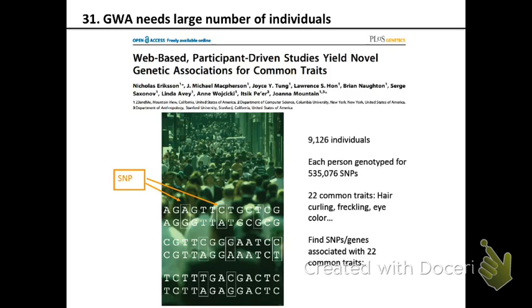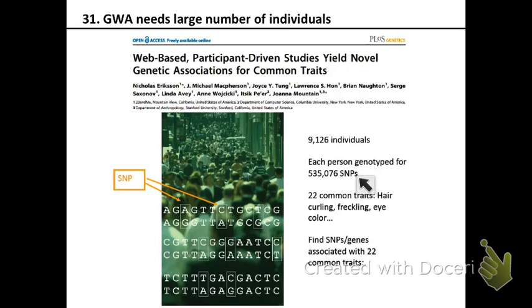So these are the type of things that the GWAS studies do. They take lots of individuals and determine the SNP sequences within these individuals. For example, this is a study that took about 9,000 individuals, and they genotyped them not for the whole genome, they genotyped them for a small number of SNPs because it's expensive to sequence the whole genome of everybody, okay?